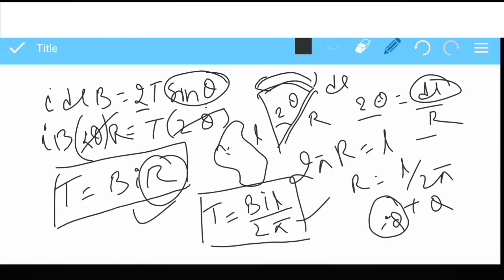Actually, not minus Q, there should be repulsion, then only it will acquire a circular shape, so this should be a positive charge. A similar concept can be used to calculate the tension in the string. So this is a general concept. You need to understand it so that you can apply it in various other cases. Okay, so I hope this video is clear to you.